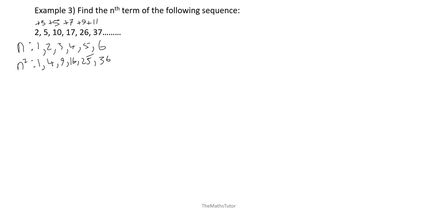And just as I previously explained, you can now compare these two sets of numbers and see that to get from 1 to 2 you add 1, from 4 to 5 you add 1, from 9 to 10 you add 1, and from 16 to 17 you add 1, and so on and so forth. So you can say that the nth term of this sequence is n squared plus 1.